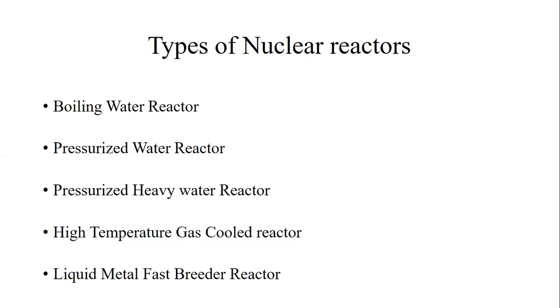As it has been discussed, the nuclear reactor is the main component of the nuclear power plant, where in the nuclear chain reaction, energy is released by the nuclear fuels, and that energy is utilized to convert water into steam.